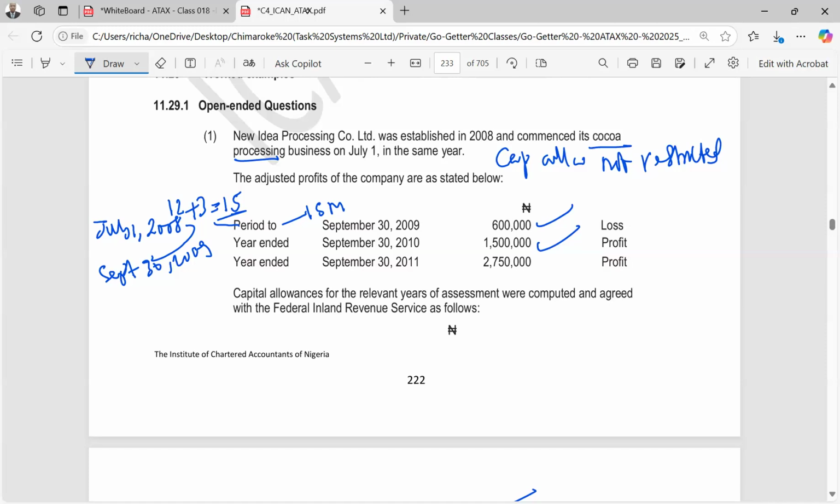Are you joining it with the second one that is down? I didn't get that assessment. This adjusted profit that they gave us is stated from the period to September 30. I think this is the first one you did. Is it the September 30, 2009 that you did to 2010, or you continue?